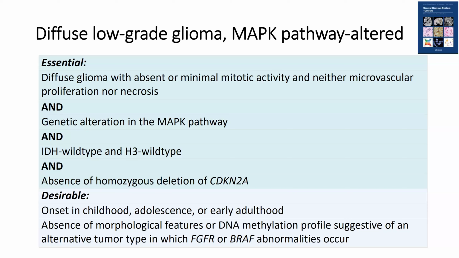This is, again, taken from the book, the summary of this entity. You want to find a diffuse glioma with absent or minimal mitotic activity, no microvascular proliferation, and no necrosis. And it's important to identify both a MAPK pathway alteration and absence of features that would make it high grade, which is the homozygous deletion of CDKN2A.